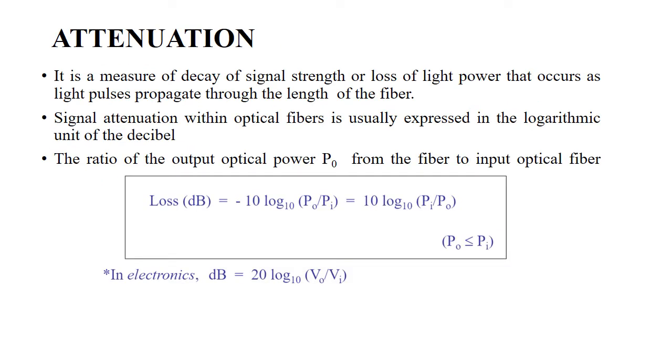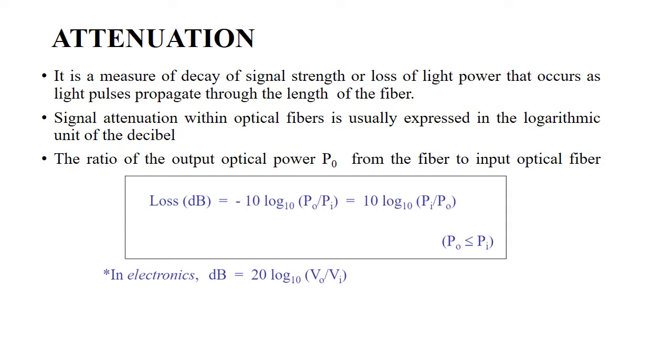Attenuation. Power loss in a fiber cable is probably the most important characteristic of the cable. This power loss is called attenuation. The main definition is, it is the measure of decay of signal strength or loss of light power that occurs as light pulses propagate through the length of the fiber.